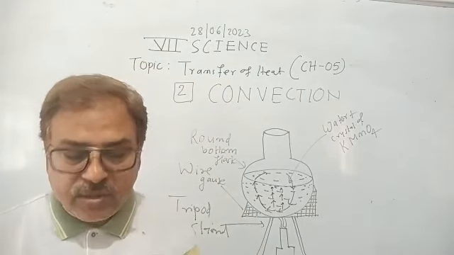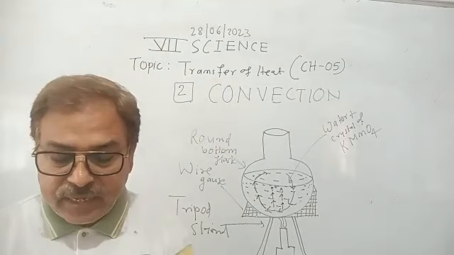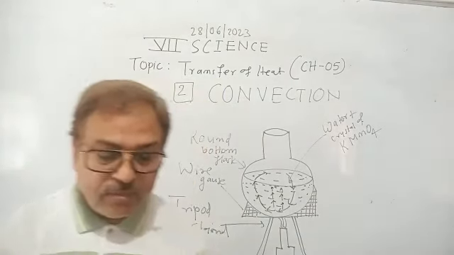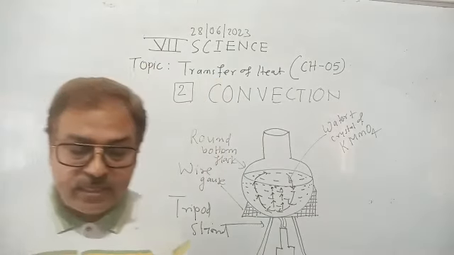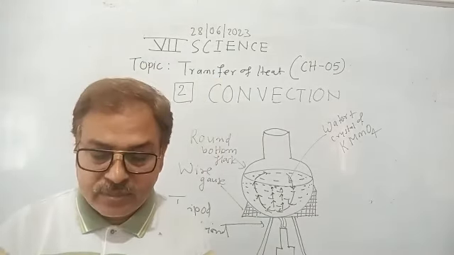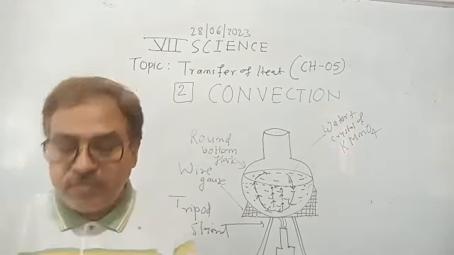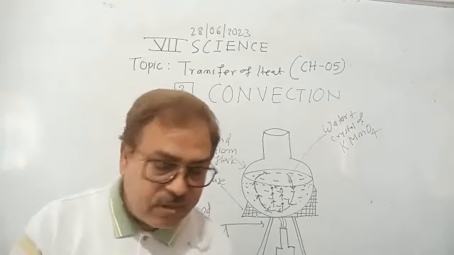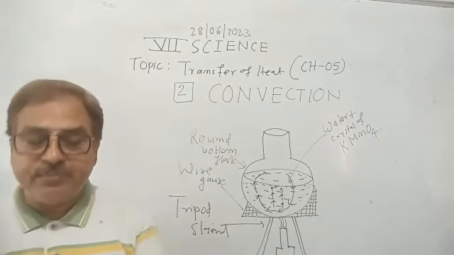Convection current also has a significant effect on weather and climate. When the air at a place gets heated up, it expands and occupies more space, and it therefore becomes lighter and moves up.